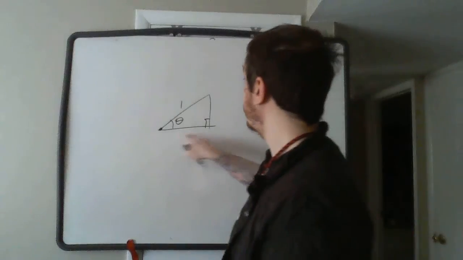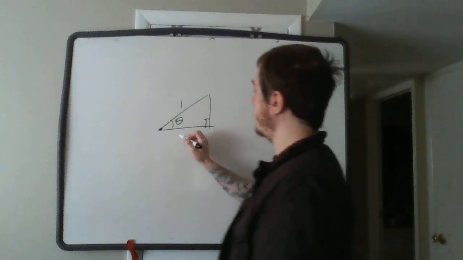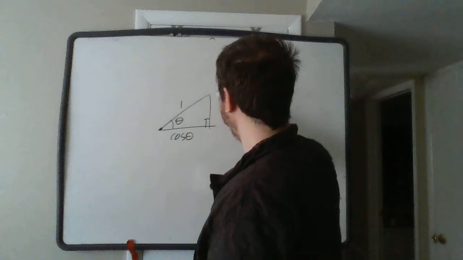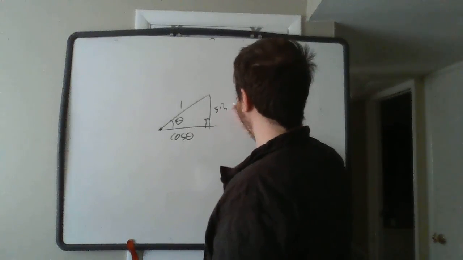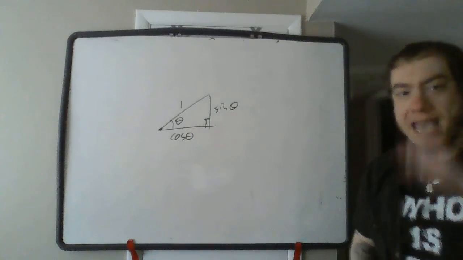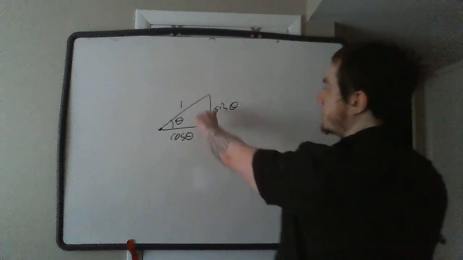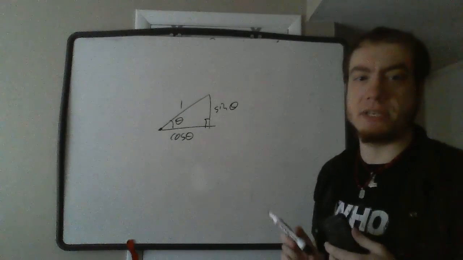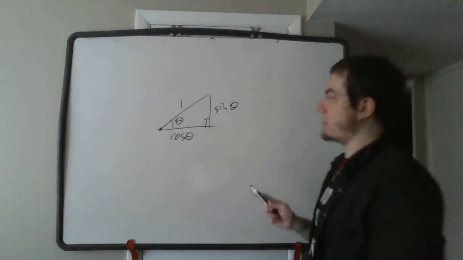Now, the bottom of this triangle is going to have a length of cosine theta, and the height of this triangle is going to have a length of sine theta. And to see that, you can just think about putting a unit circle around this triangle, just like we did in the previous diagram. It's really the same idea there.